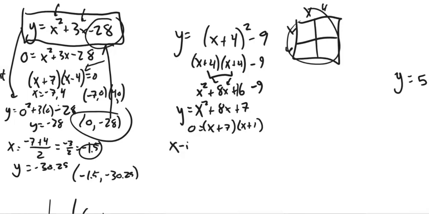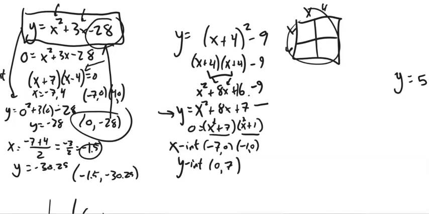So my x-intercepts are the points -7, 0, -1, 0. My y-intercept, I could let x be 0, plug it back into here, and I get 7. Notice if I look at this form, it's 7. My vertex is halfway between -7 and -1, the x value.